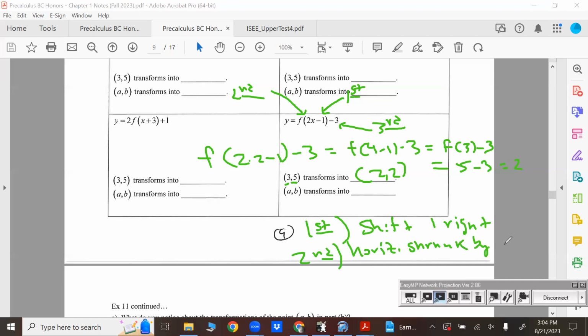If we pull the 2 out of the parentheses, it's x plus 1/2, we want to do that. Yeah, it's a little tricky when you do it that way. Let's revisit that later in the week. The horizontally shrink by a factor of 1/2.